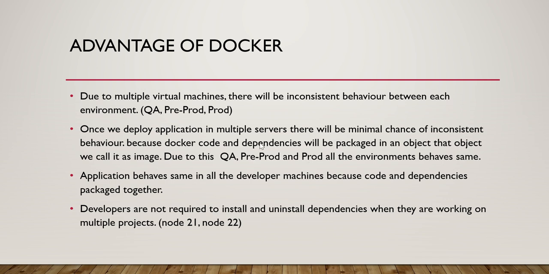All the dependencies will be part of the Docker image which we are going to create for your application. All the dependencies will be merged, creating an image and container. Everything will be packaged in an object, and that object we call an image. So there will not be any inconsistent behavior across the environments, that is QA, dev, and pre-prod.